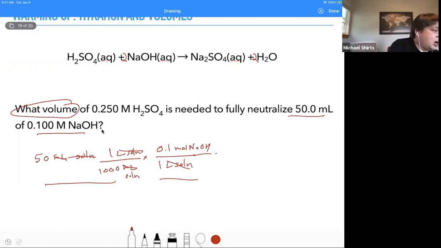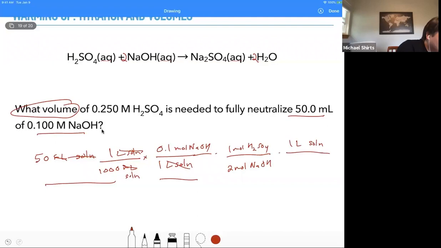All right, so now we know that 2 moles of sodium hydroxide is stoichiometrically equivalent to 1 mole of H2SO4. And so now that gives us an amount of H2SO4. We multiply by 1 liter of solution, because we want to cancel out on the bottom the 0.250 moles of solution.